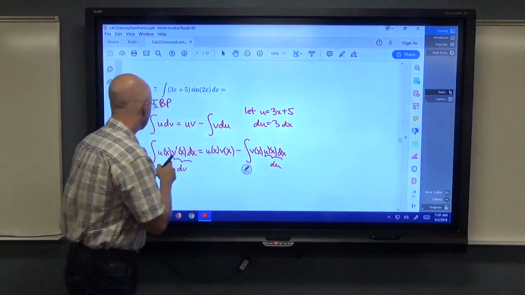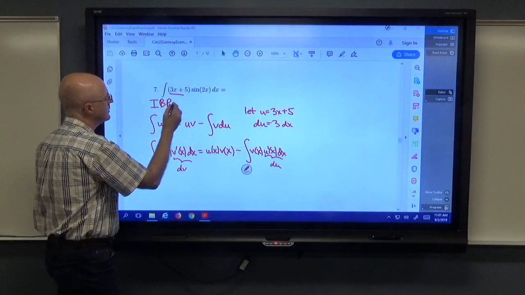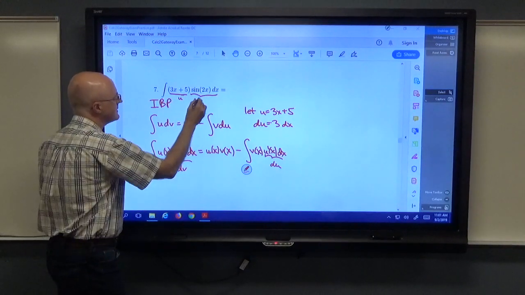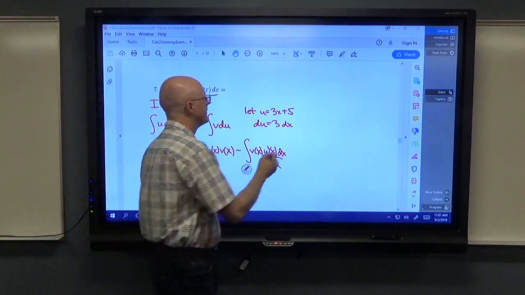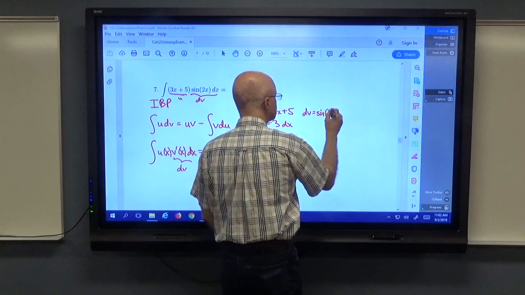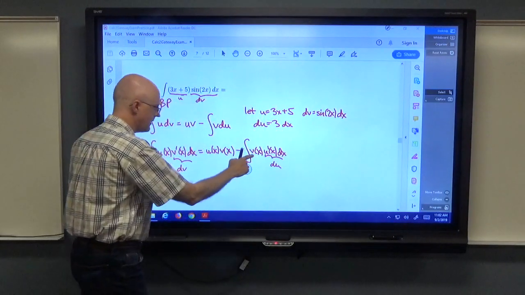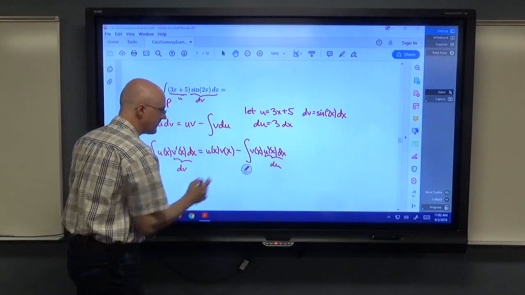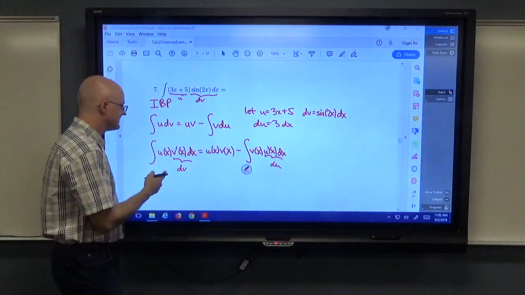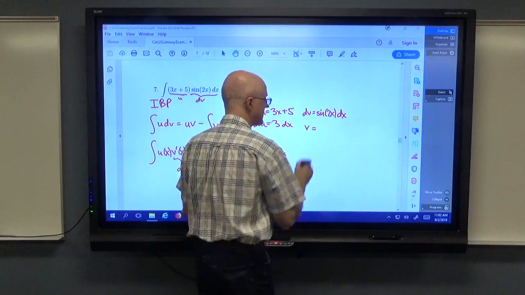So that's u. Let this thing with a dx in there be your dv. dv is going to be sine of 2x dx. So what is v that I'm going to need here in this formula? What I'm really saying is v prime of x is sine of 2x. v is an integral, an antiderivative, of sine of 2x.